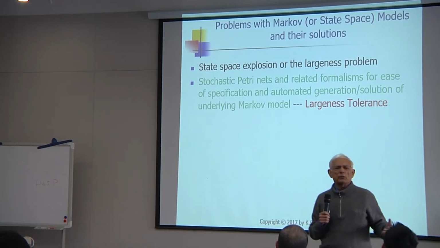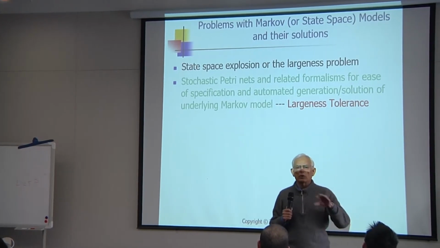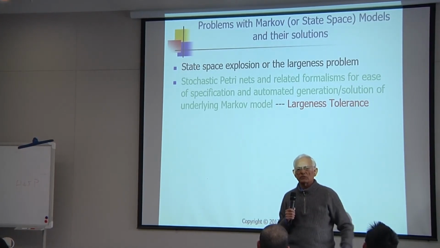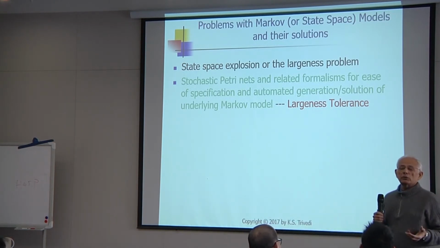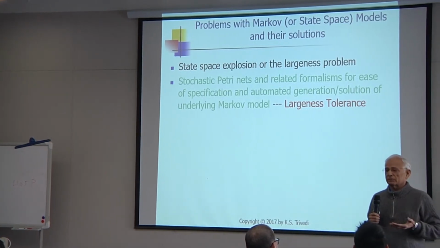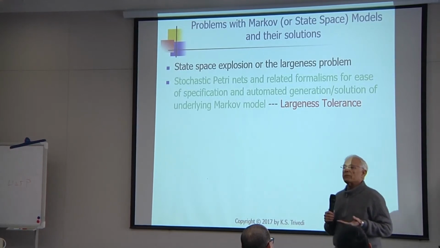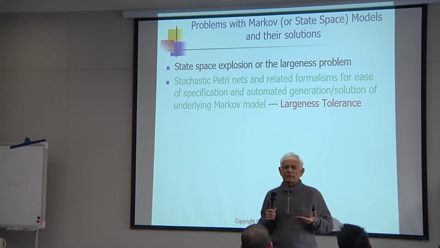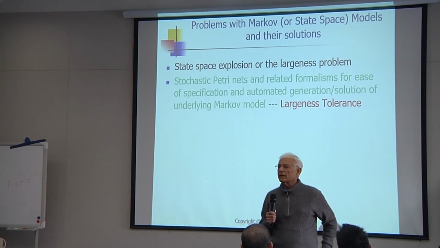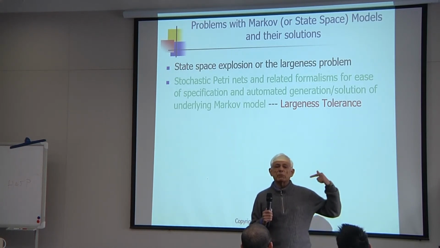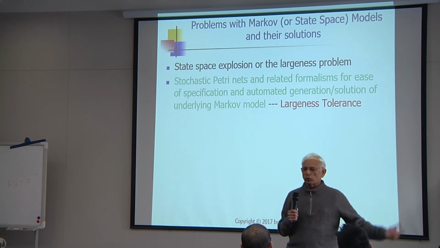It is not possible for any human being to sit down and draw all these million states and transitions among these states. But suppose I provide you with a higher level formalism that can describe the problem succinctly in one piece of paper or something, and the underlying state space will be generated automatically by the tool. Then you don't have a problem, right?